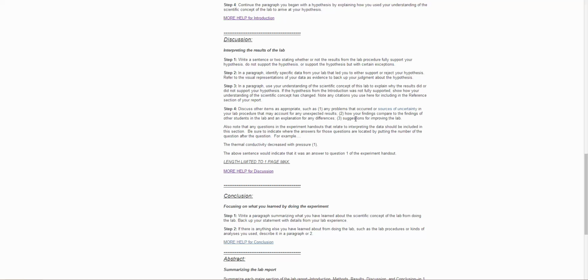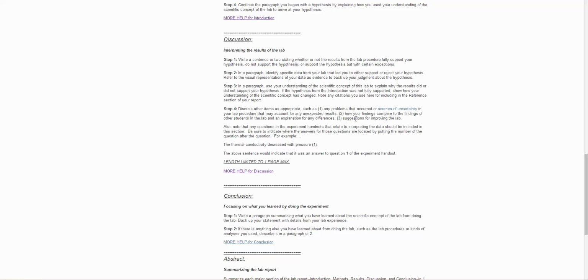So the time constants are really what you're trying to determine. And then in your discussion, you're going to discuss the two figures and the determined time constants from the experimental data that you get from those figures. So, splitting your discussion up into 4 steps in order to interpret the results of your experiment.